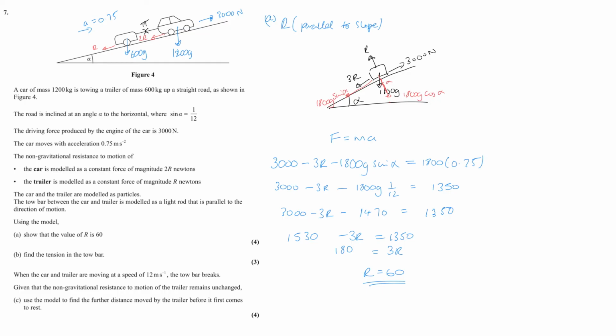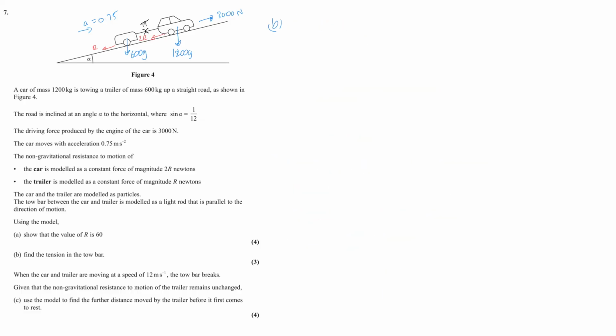Now part B, find the tension in the tow bar. Okay, so for this, let's pick the trailer. We could pick the car. We'll pick the trailer and we'll go, so it's F equals MA. Now the force is T, the tension, minus R minus 600G sine alpha, from resolving this force. 600G cos alpha is that way, sine alpha is that way.